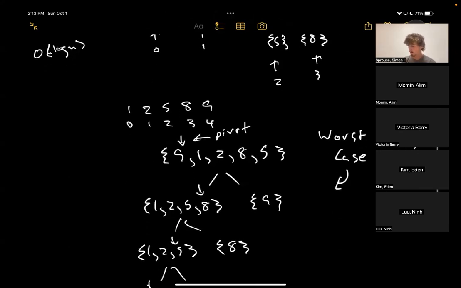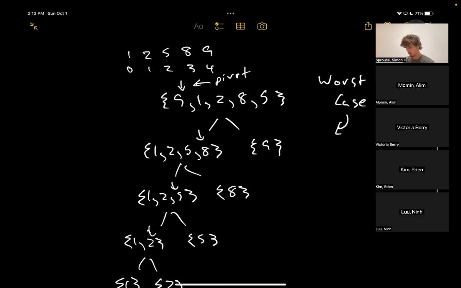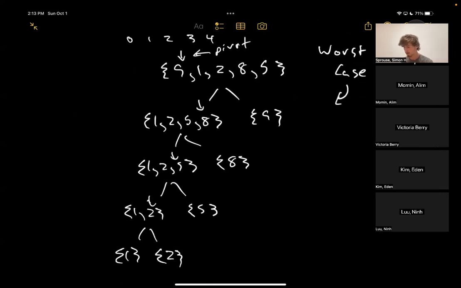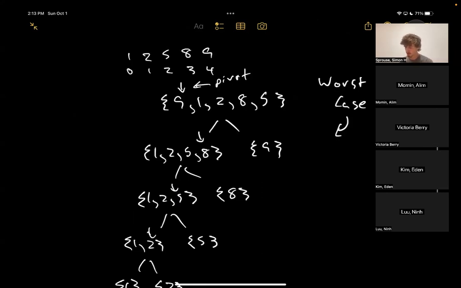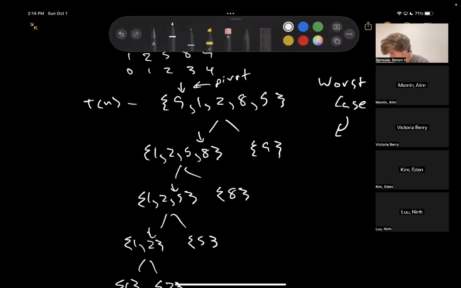So I'm going to start with proving the worst case time complexity. Essentially what's happening in this picture is, actually, I'm not going to use that notation yet.